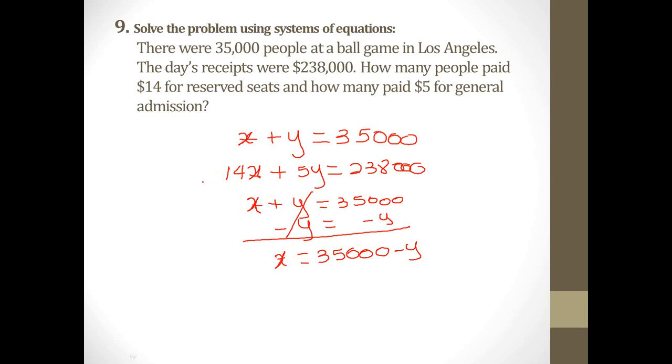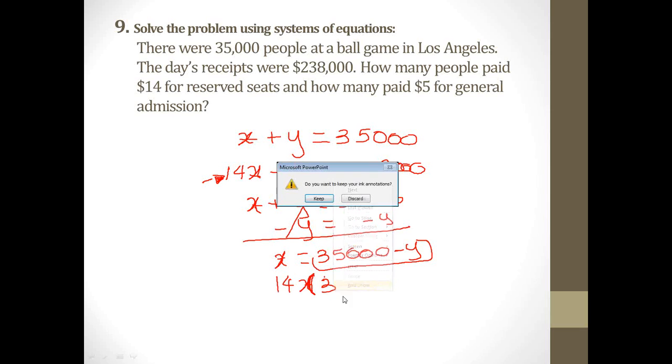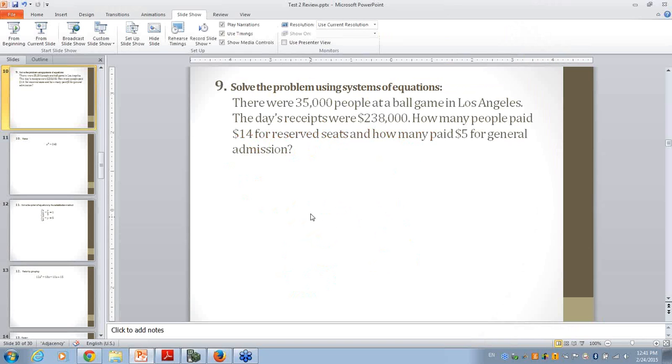Now I have it solved for one variable. I can go on the second one and substitute for x. I'll have 14x, oops, I'm sorry, 14, open parenthesis, okay, give me a second.